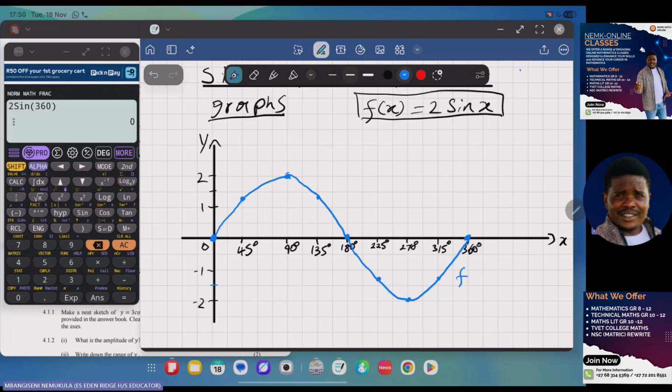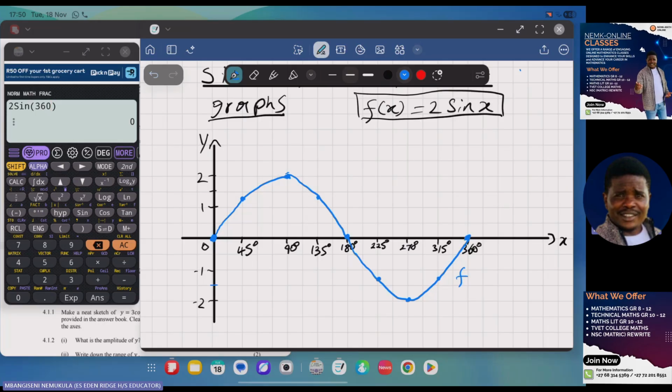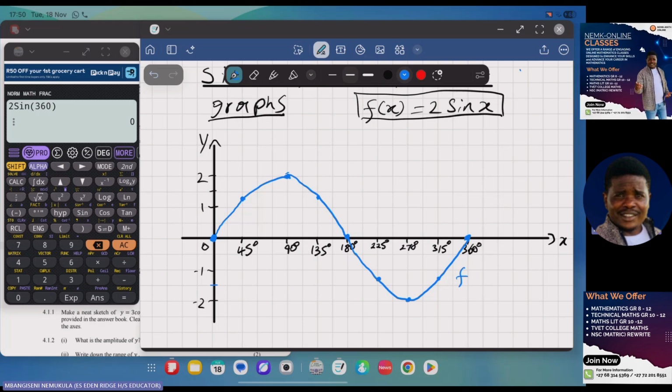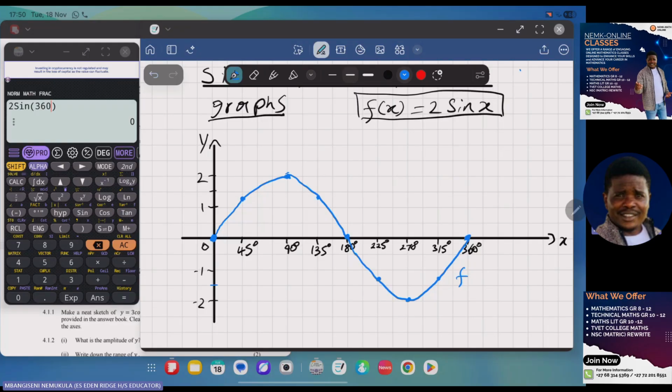Maybe if we want to do another graph, let's say the cosine graph, just a simple one.